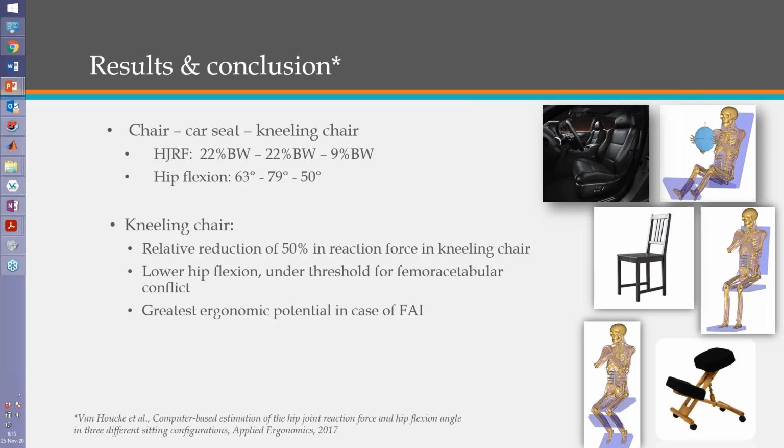Hip flexion, due to the nature of the configuration that we had the model sitting in, was also quite lower in the kneeling chair configuration compared to the 2 others. So from that perspective, we were able to point in the direction of the kneeling chair as also a potential ergonomic sitting tool compared to the regular simple chair and the car seat.